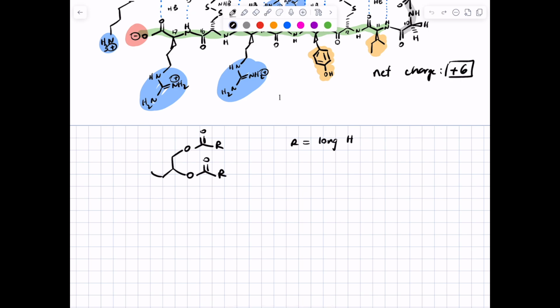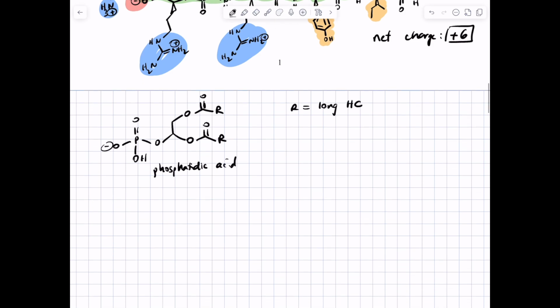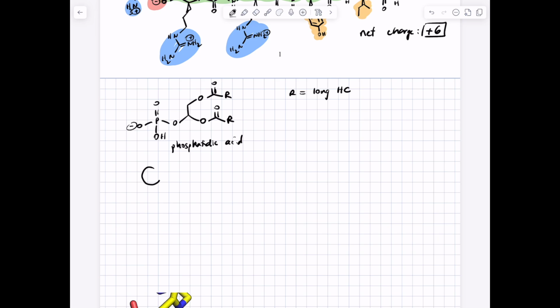And in bacterial membranes, in many cases, the polar head group is simply negatively charged. This is phosphatidic acid. We'll represent that by a phospholipid like this. The head group is going to be red, and then the two nonpolar tails are just going to be gray like this.